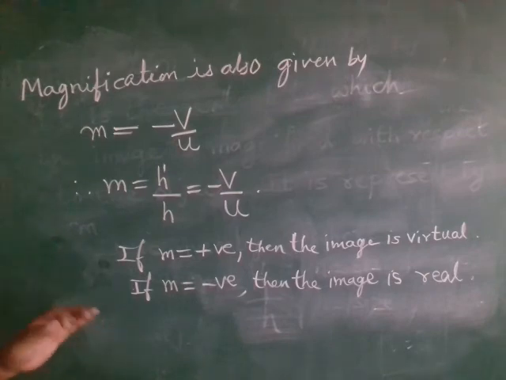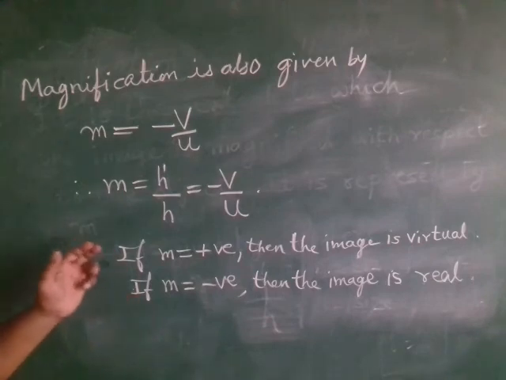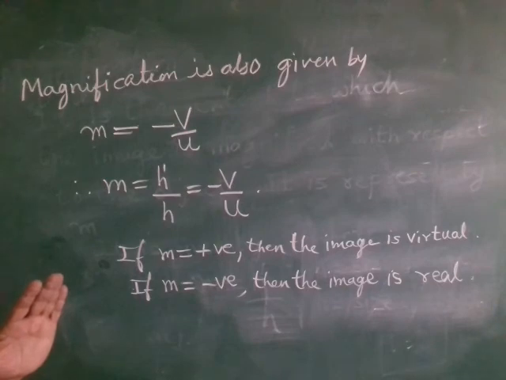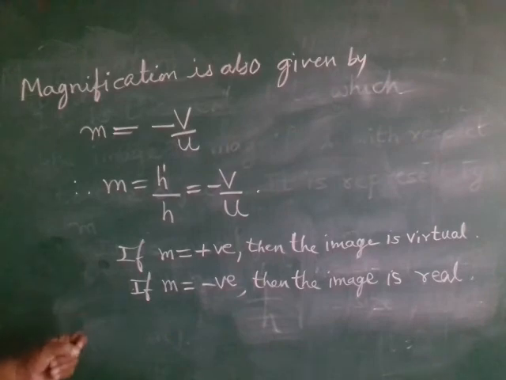And remember one more thing. If m is greater than 1, like 1.2, 1.5, 2, 3, 4, 5, 6, anything, then the image is enlarged.